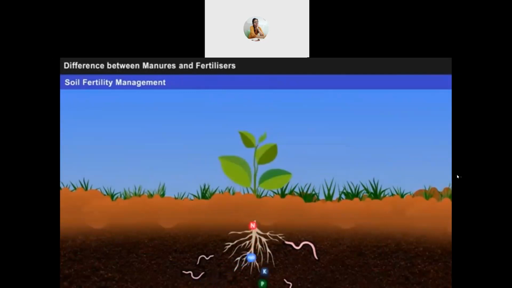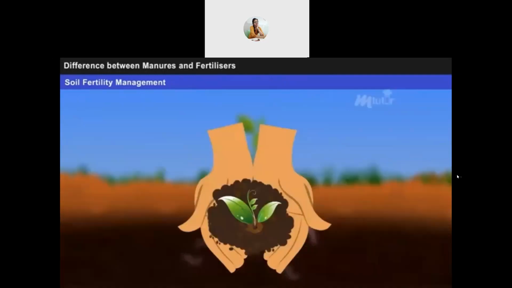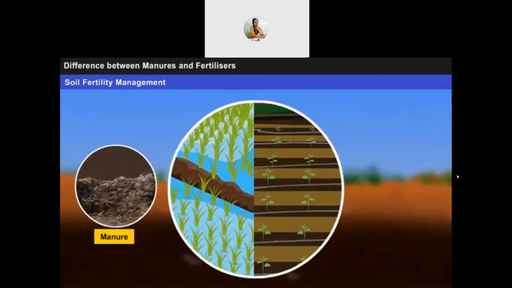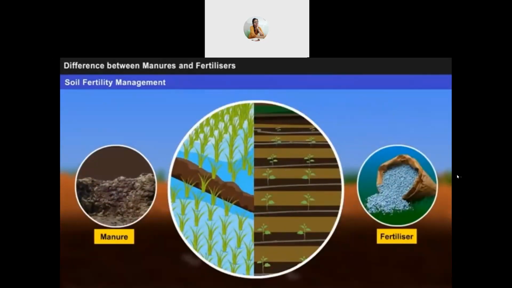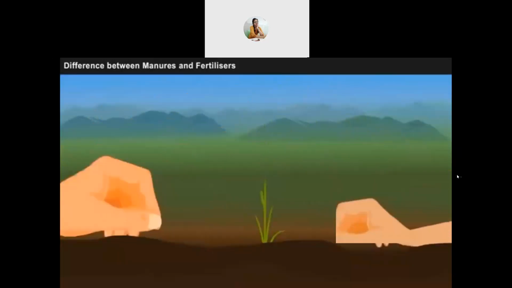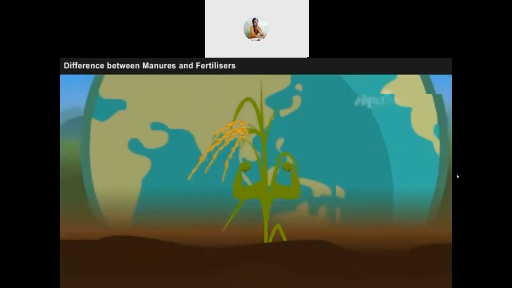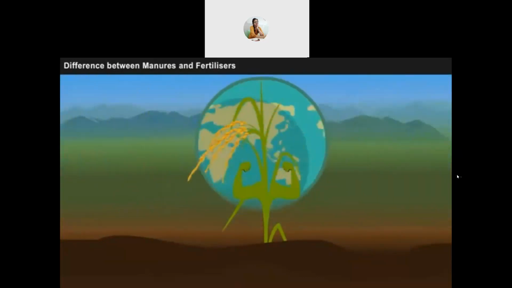Soil fertility management generally deals with the methods that are concerned with soil conservation, crop rotation, and manure and fertilizer applications according to the requirements. Thus, soil fertility management has become a vital component in the growth of various crops around the world.